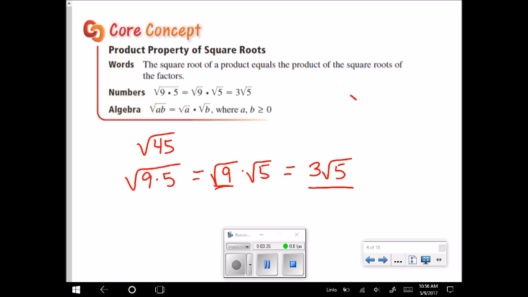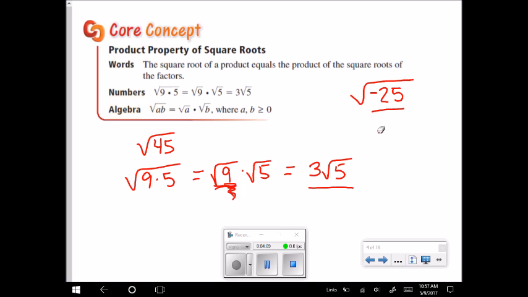So can we actually have this? I need to think about that for a second. The square root of negative 25. So think about what the square root means. When you're looking for a square root, you're looking for the number that, when multiplied by itself, gives you that radicand. So in this case, the square root of 9, we're looking for what number multiplied by itself gives you 9. Well, that's 3 times 3. Is there any number that multiplied by itself is going to give you negative 25?